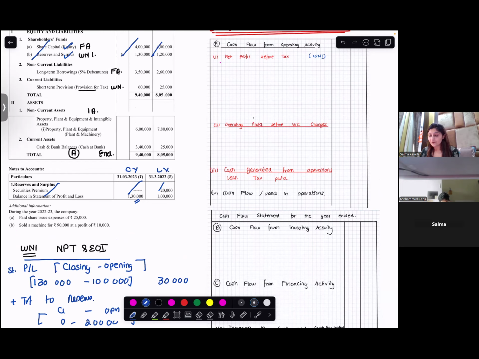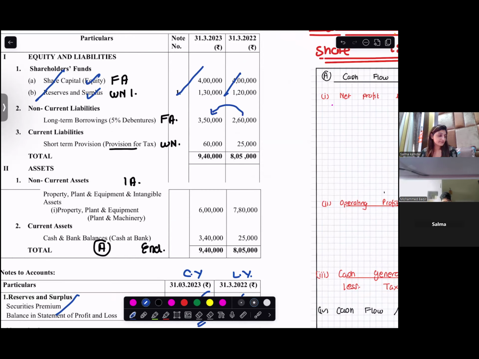Now, non current liability. Which activity? Financing. It is financing activity. There is long term borrowing, so it is financing activity. Your opening was 260 and now the closing is 350. What does this mean? It has increased.